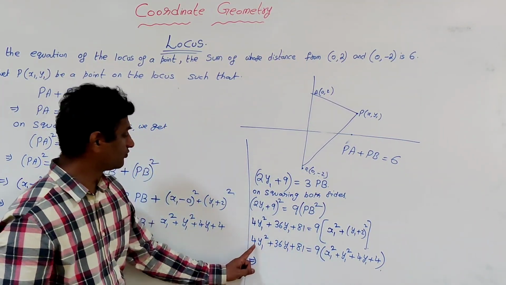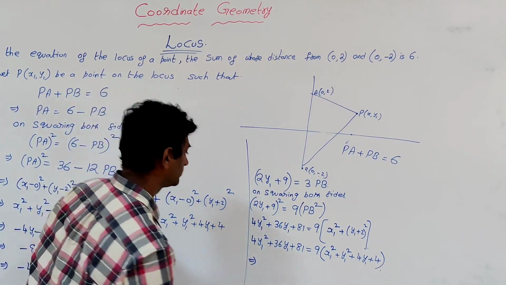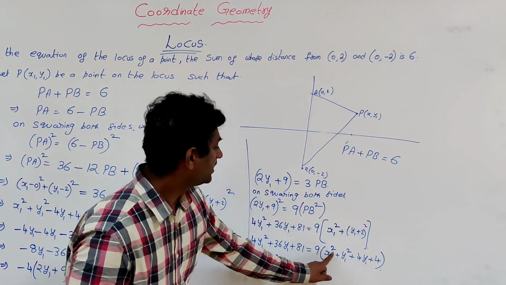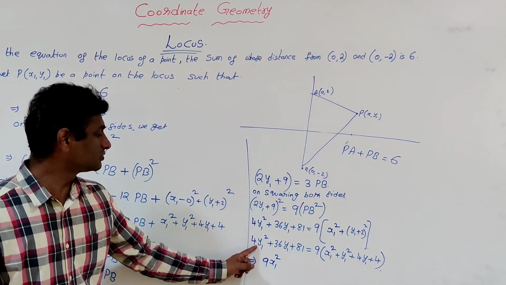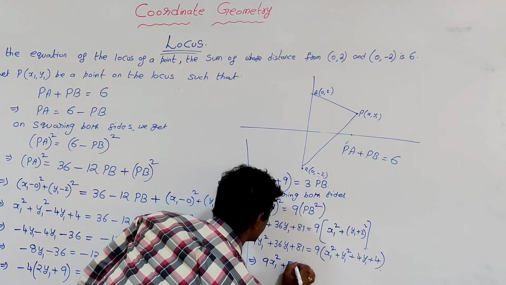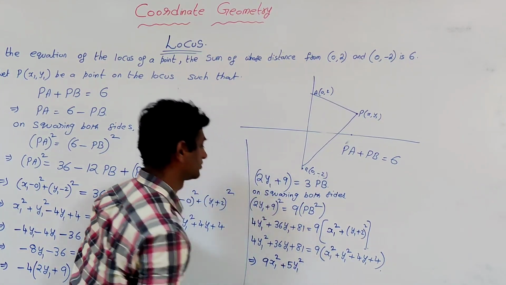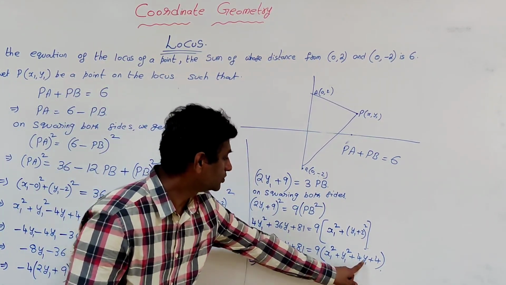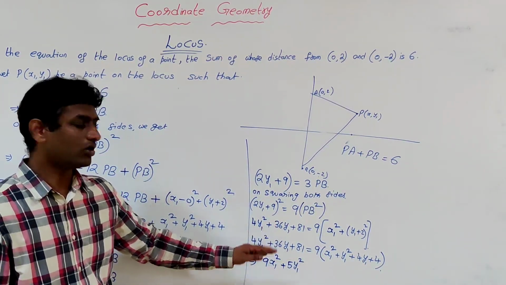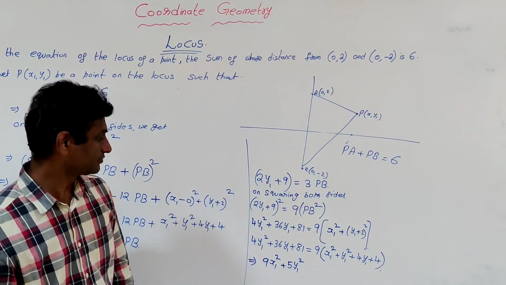9x1 square is there, and 9y1 square, and take this 4y1 square to the right side, so it will be 5y1 square. The 9 times 4y1, 36y1, and 36y1 are on opposite sides, so they get cancelled.